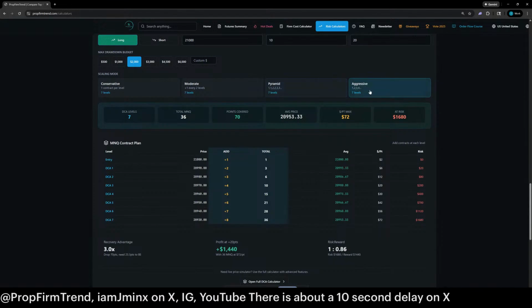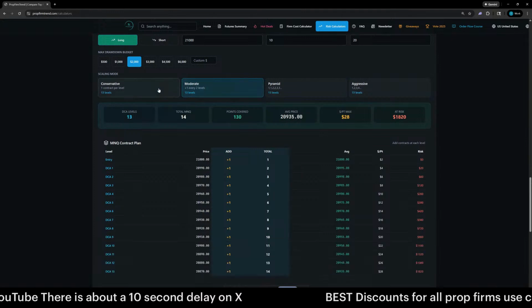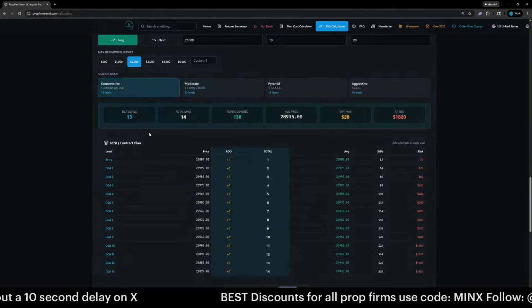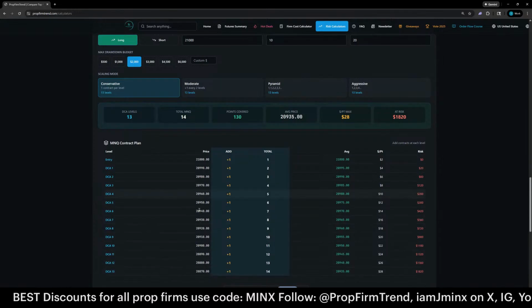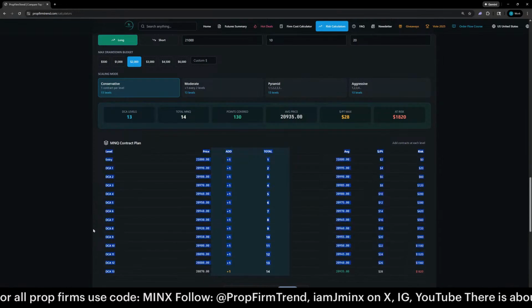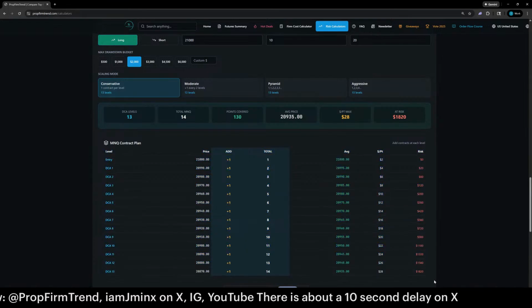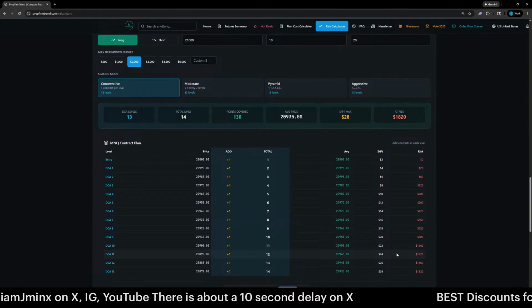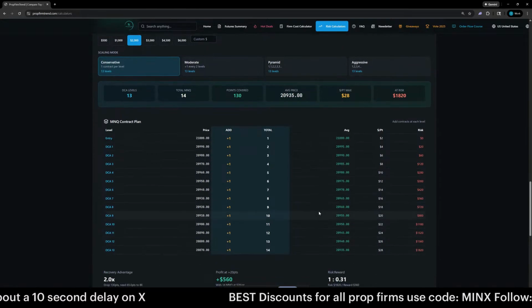There's an aggressive stance, a pyramid one, a moderate one, and obviously this is a very conservative approach. Not that you should ever do this, but if you happen to DCA, then do it properly.